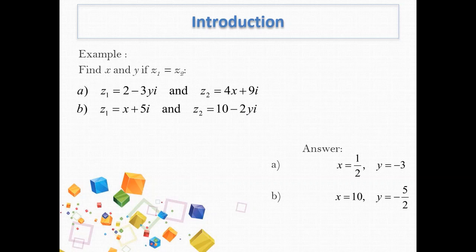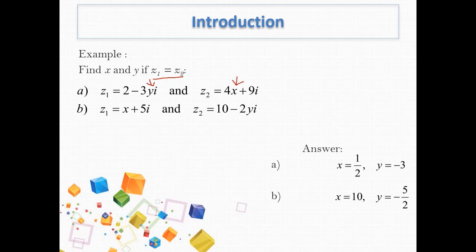By using that definition, it can help us to identify the unknowns. If you claim that z1 is equal to z2, that will help you to solve the unknown y and x here.